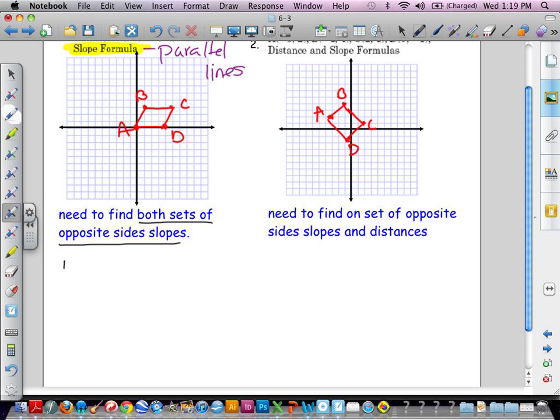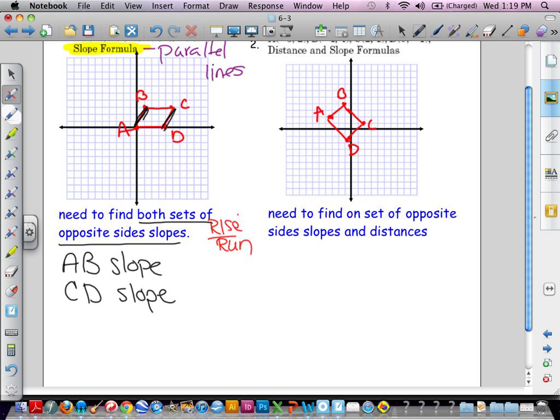So I'm going to have to find the slope of AB, and AB is going to hopefully be parallel to CD. So I'm going to find AB's slope, and I'm going to find CD's slope. I'm going to use just rise over run. Since I have a picture, I can count it out.